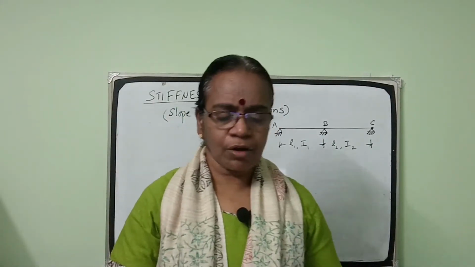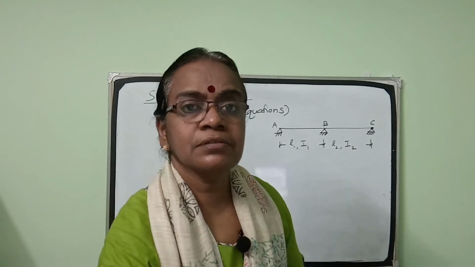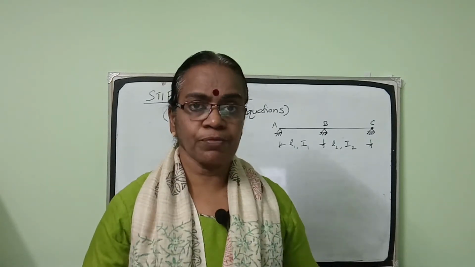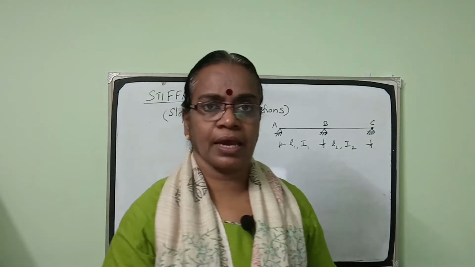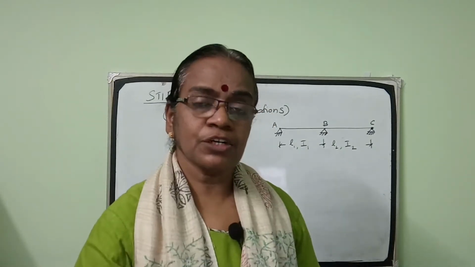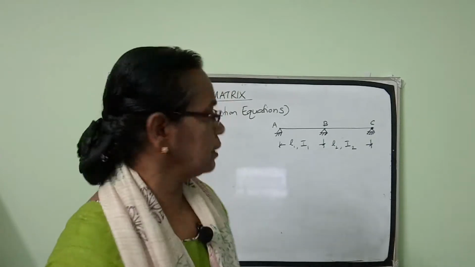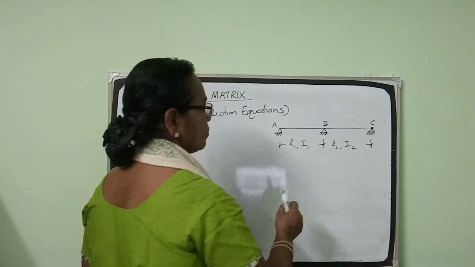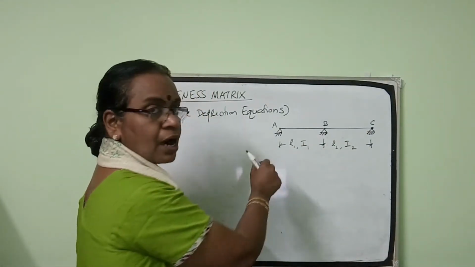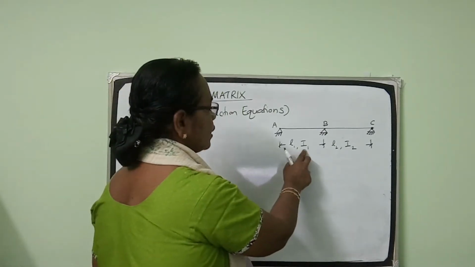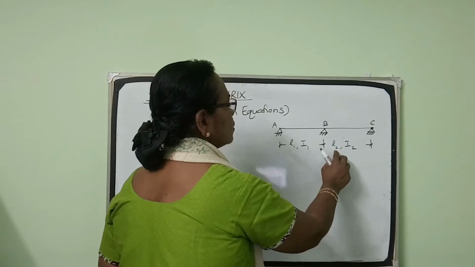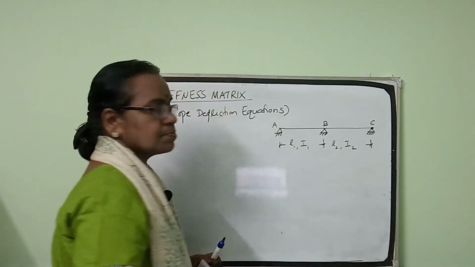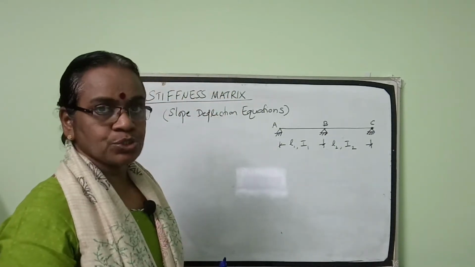For that, I am considering a continuous beam, two-span continuous beam A, B, C. First span AB of length L1, and the moment of inertia of the span is I1. Second span BC of length L2 and its moment of inertia I2.